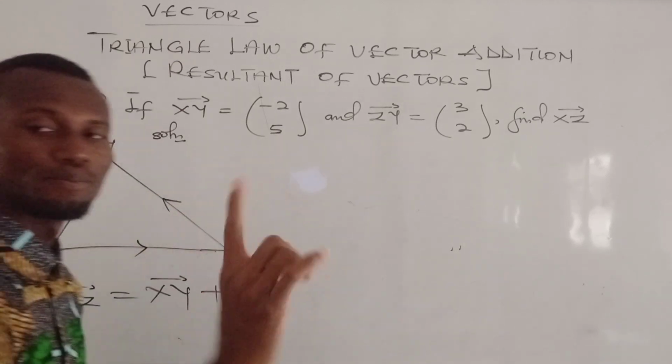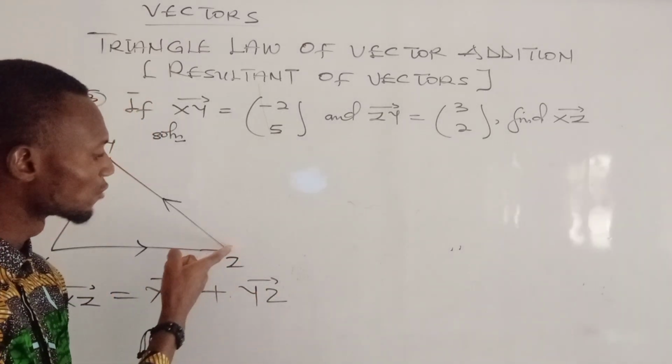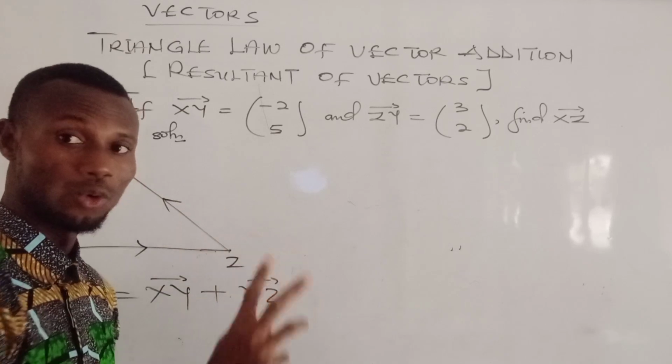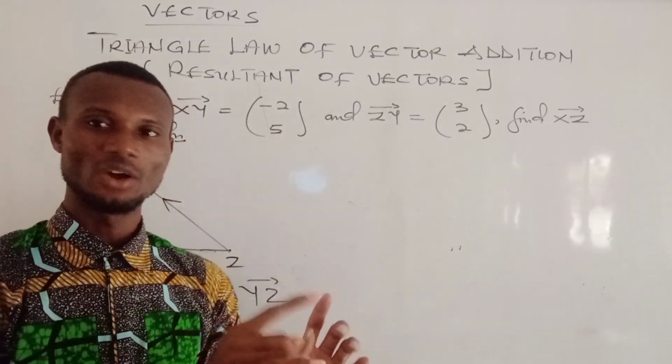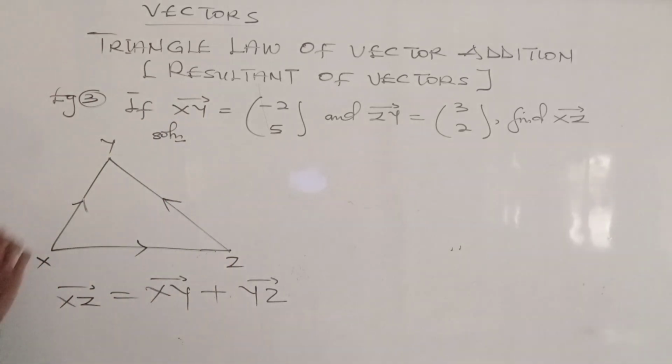YZ. And now, please take note that you shouldn't say that because the arrow is moving from Z to Y, we should write ZY instead. No, ZY is not the same as YZ. The law says that we have to move in the clockwise direction.